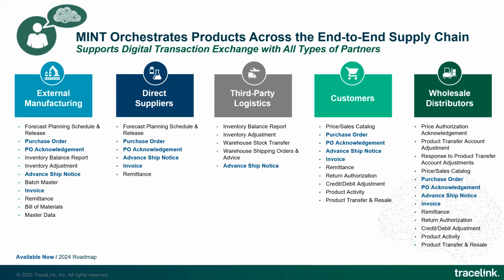And it's the breadth of relationships, whether you're external manufacturing, going direct to suppliers, you have 3PL companies, customers, wholesale distributors, etc. All of these different parties in the life sciences supply chain exchange all types of information all the time, right? And we're really trying to standardize that on some key transactions, make sure we can digitize it and speed up the whole process.